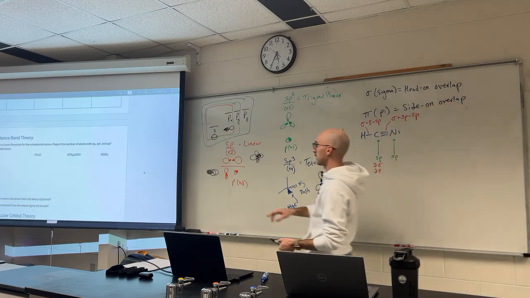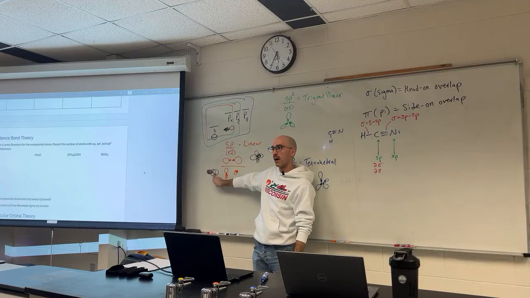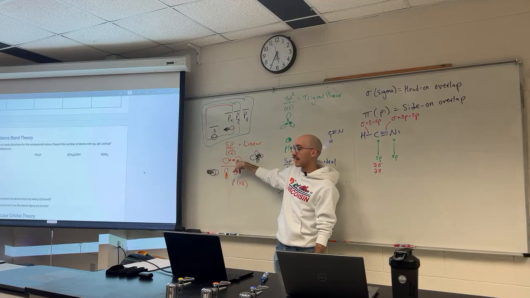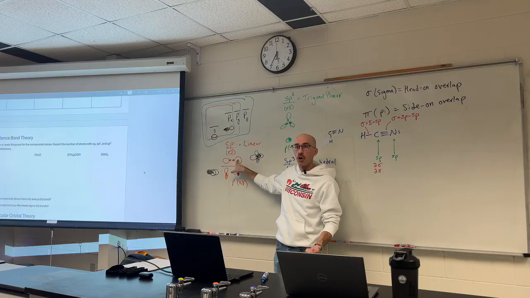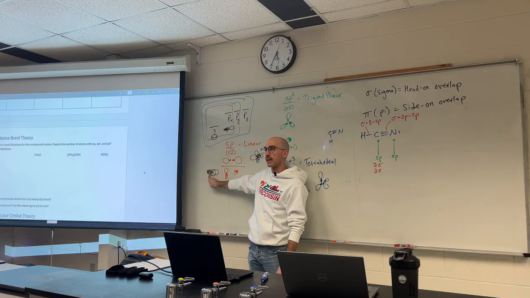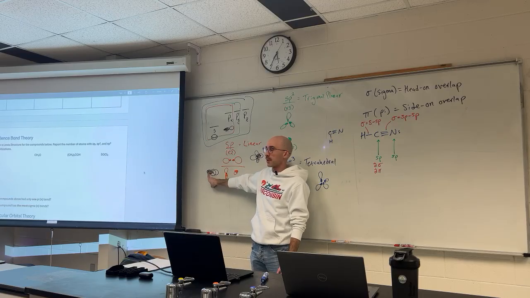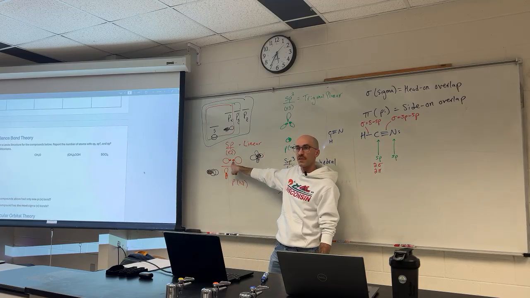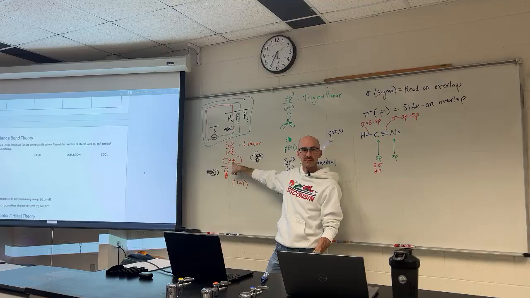So if I have an equation where both have a positive in the front, that's constructive interference, and they add together to give a larger lobe with that positive sign. If I have a region with positive and negative, they subtract from each other, and I get a region with a smaller area there.